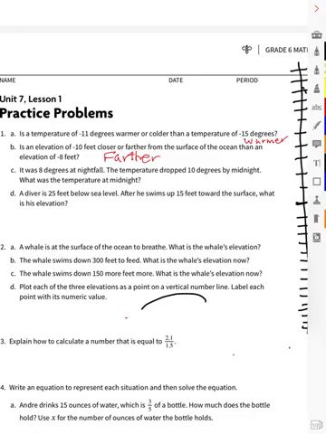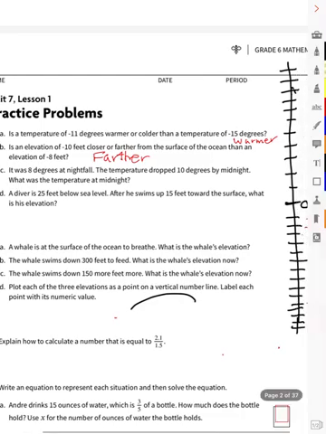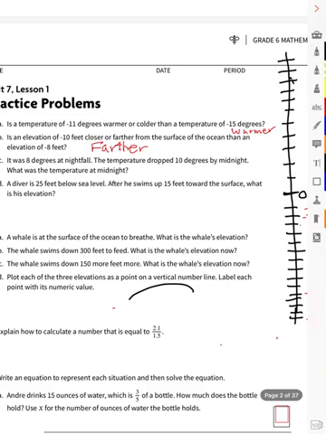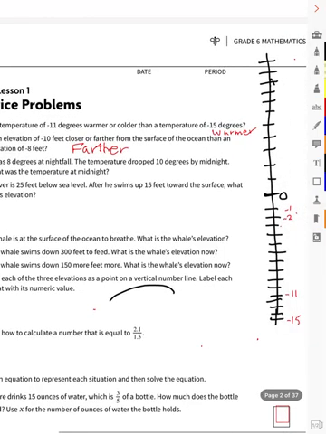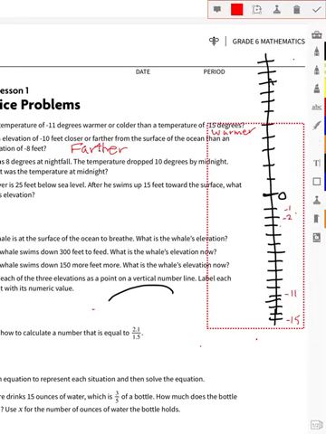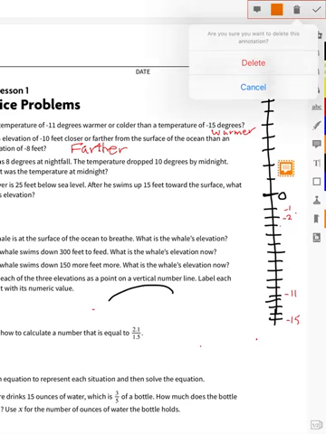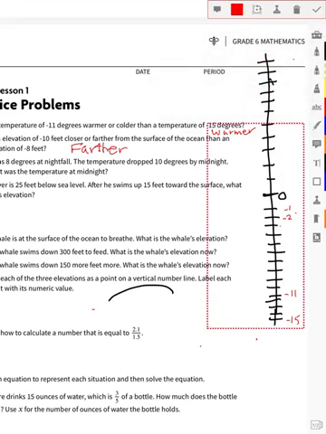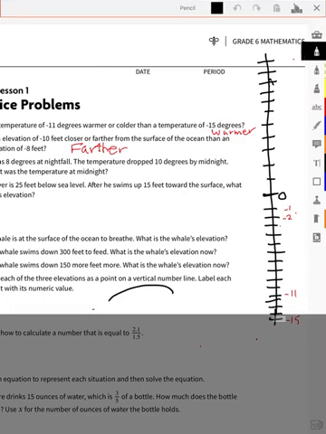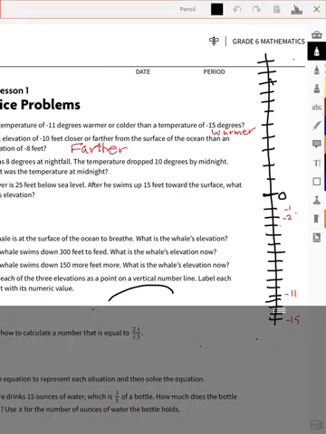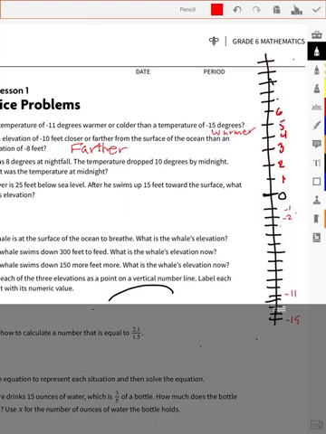1C, it was 8 degrees at nightfall. The temperature dropped 10 degrees. By midnight, what was the temperature at midnight? So 1, 2, 3, 4, 5, 6, 7, 8, 9, 10, 11.